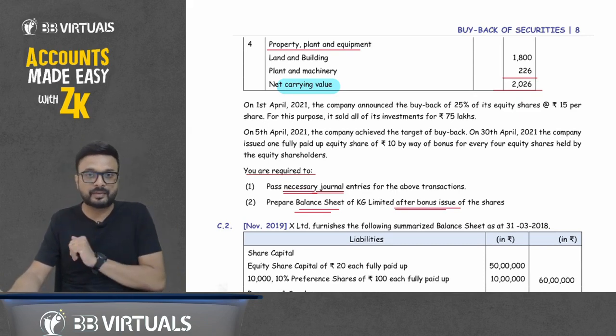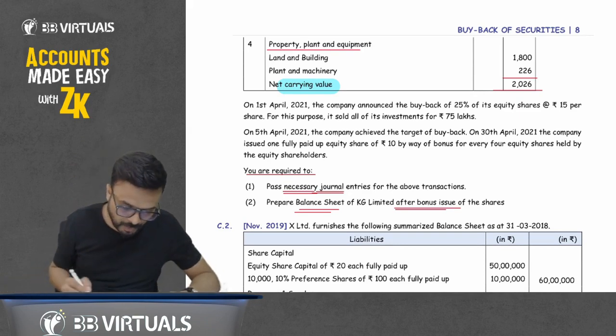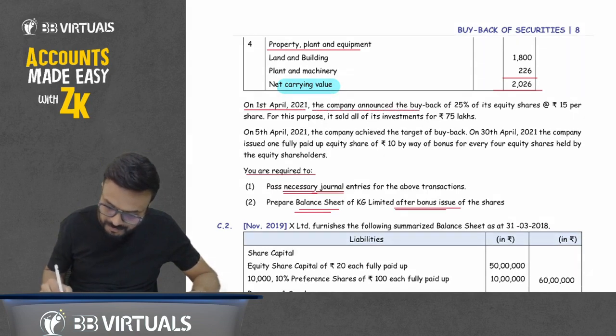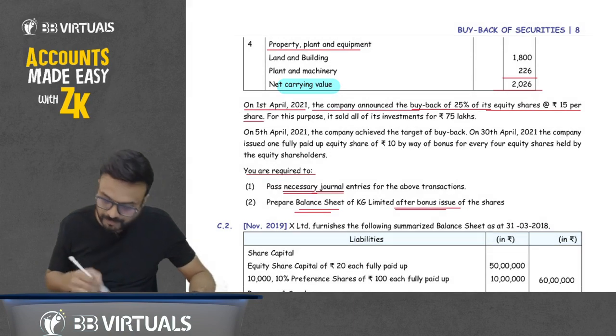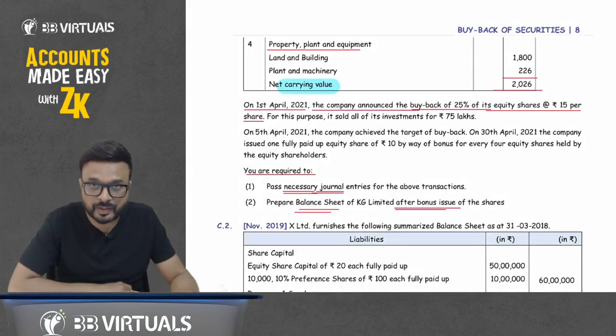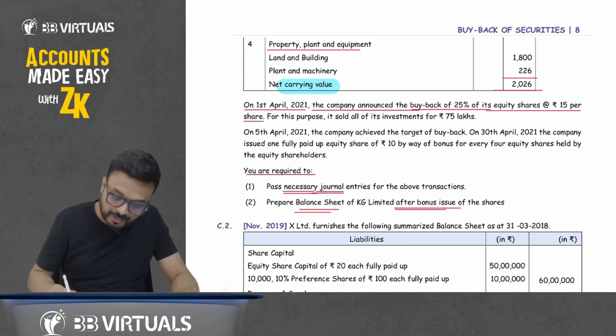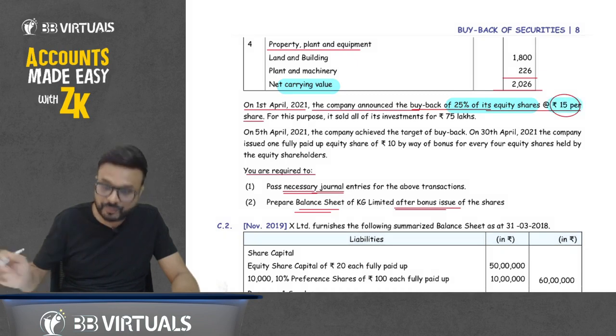Now the adjustment is given here. On 1st of April 2021, the company announced the buyback of 25% of its equity shares at rupees 15 per share. So the company is not doing 100%, just 25% of its equity shares buyback. At what price are they doing the buyback? At rupees 15 per share.